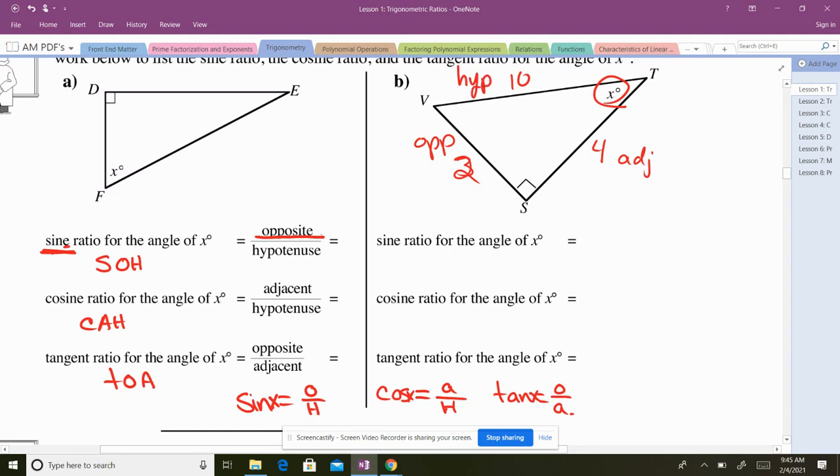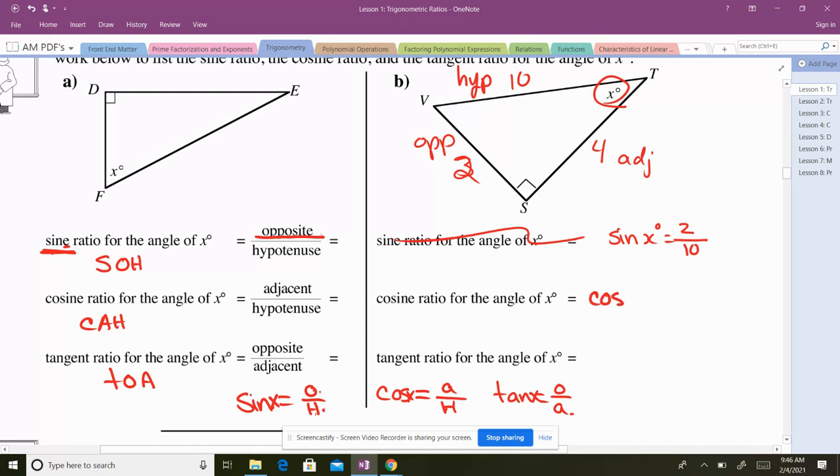So now that you have it labeled, you can write out all your trig functions. If I say, what is sine of x? The angle always goes with the trig function. So sine of x equals, sine is what side over what side? Yes, O over H. What's the length of the opposite side? 2. What's the hypotenuse length? 10. It's 2 over 10, or 1/5, but we're not going to worry about that right now.